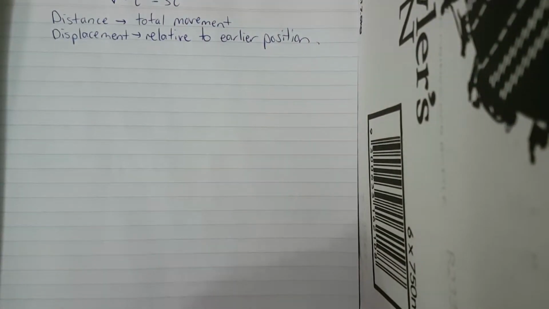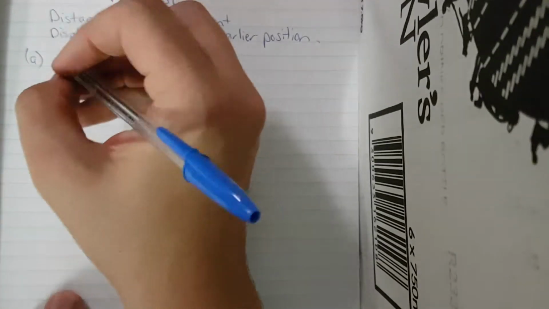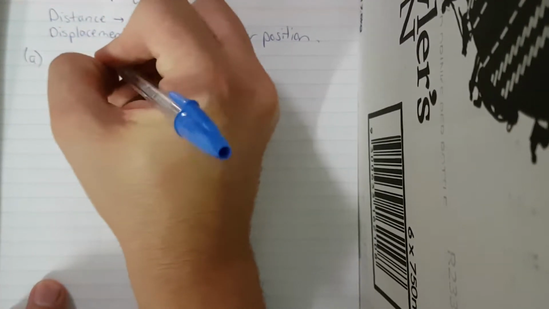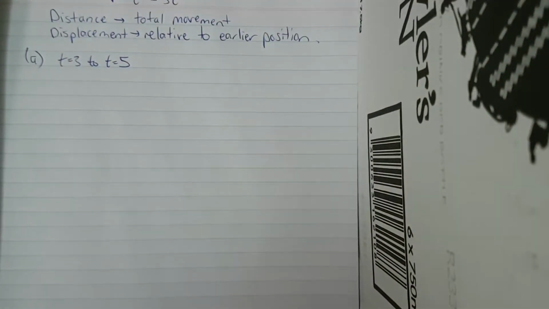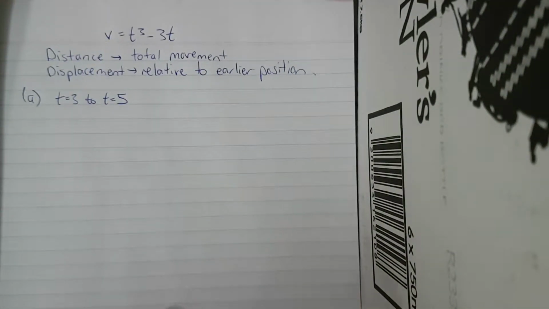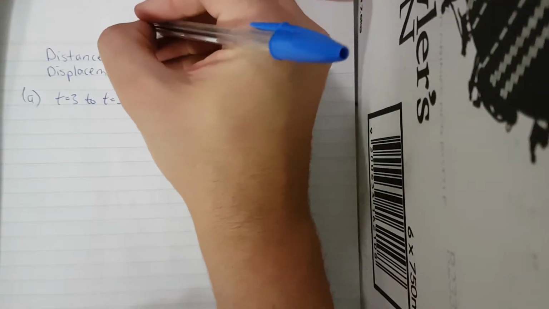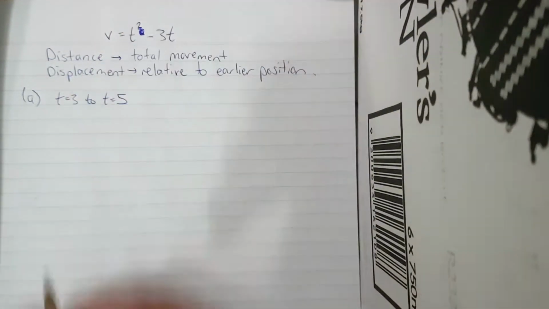Alright, so in this case, question A is asking us the distance travelled from t is 3 to t is 5. Because it's distance, I'm going to be very careful from the start. I need to check where this function, oops, I wrote it down incorrectly, it's t squared take 3t.